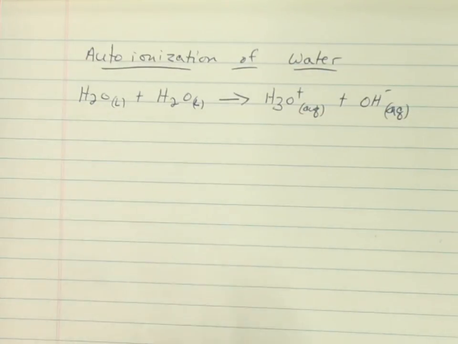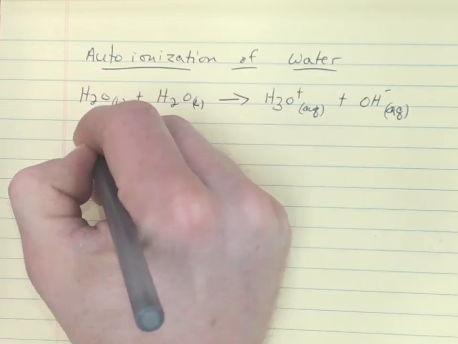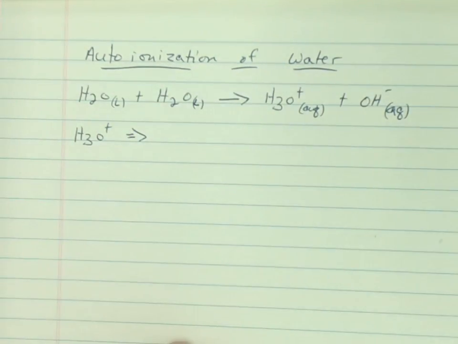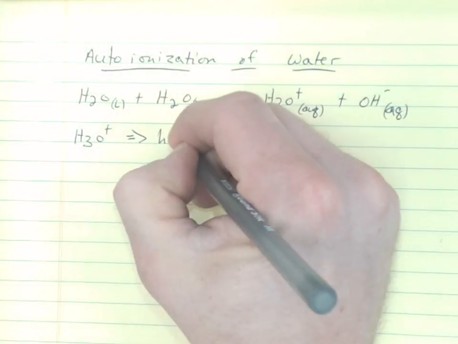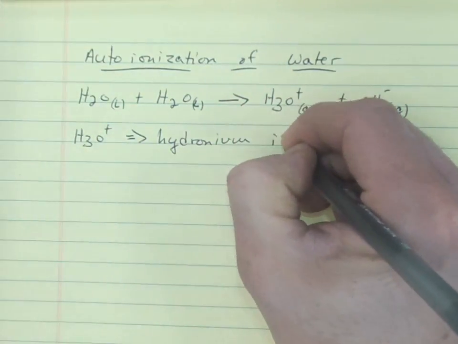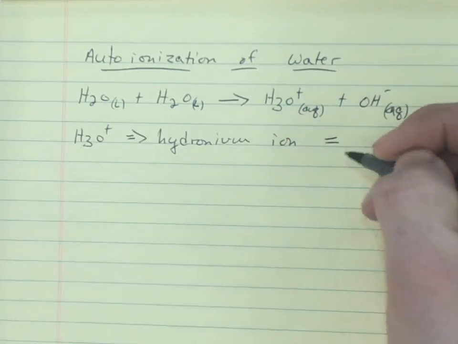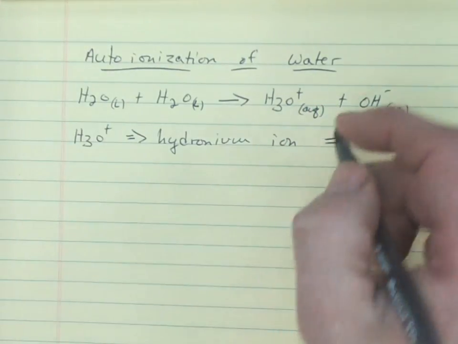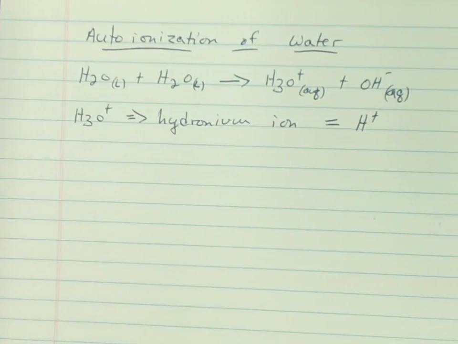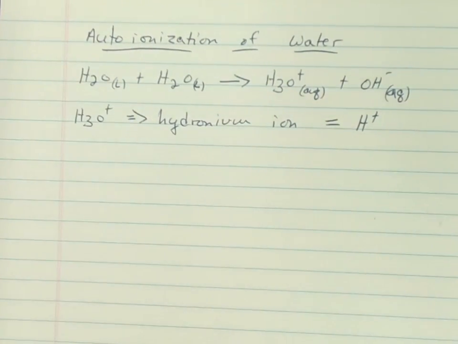H3O plus, and we said the H3O plus ion, we gave this a term, and we said that is going to be called the hydronium ion. And we said, what is it equal to? Very good. It is equal to a proton, or a hydrogen ion is the other way to call H plus.